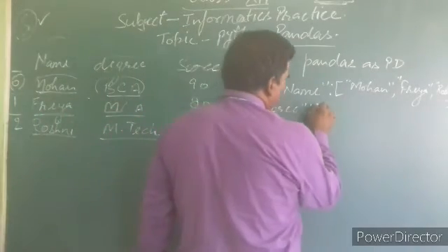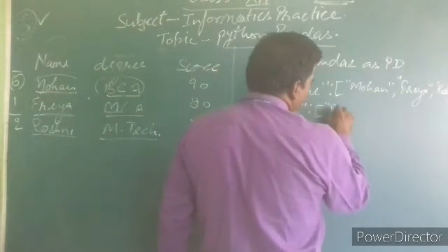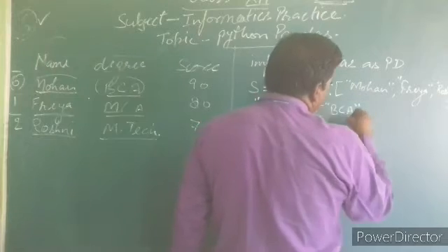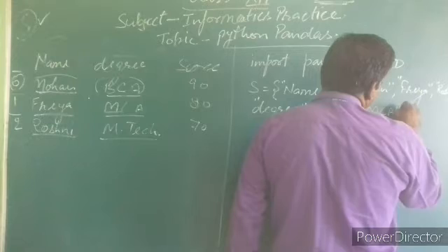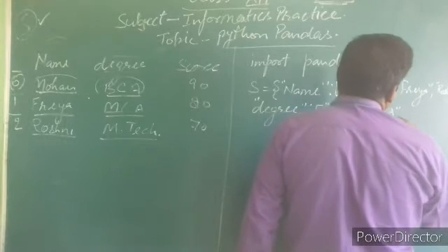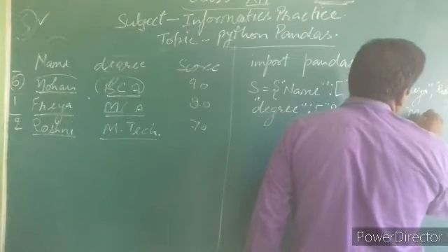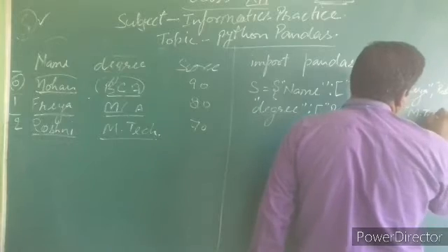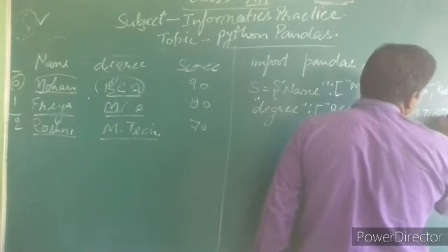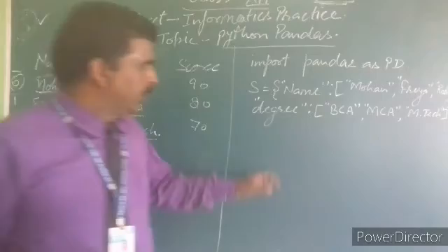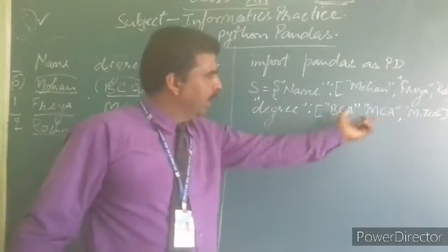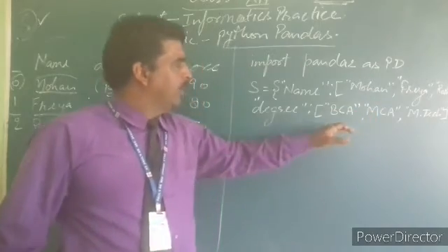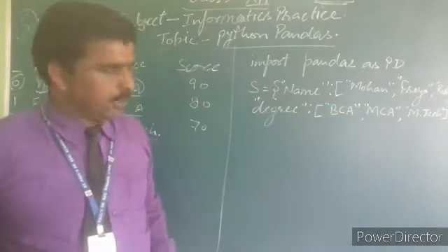So you can write here BCA, comma, MCA, comma, MTech. See, the second column we have prepared is degree. In that, one list is there, that is BCA, MCA and MTech.